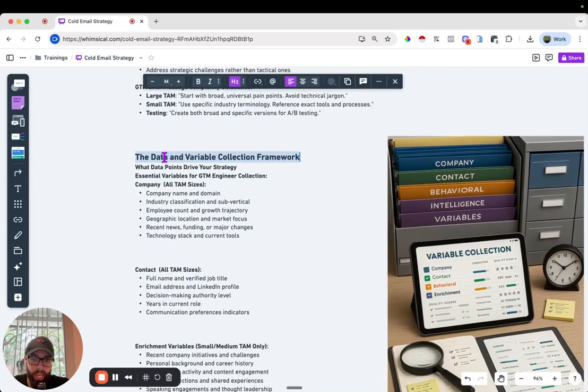Moving forward to the data collection and variable collection framework. Whenever we're creating copy, if we want to make sure that every single email is personalized, we'll typically need to have variables. There are two buckets that I like to use here: company variables, and then prospect variables or contact variables. Whenever we're referencing a company, we typically want to clean company names.